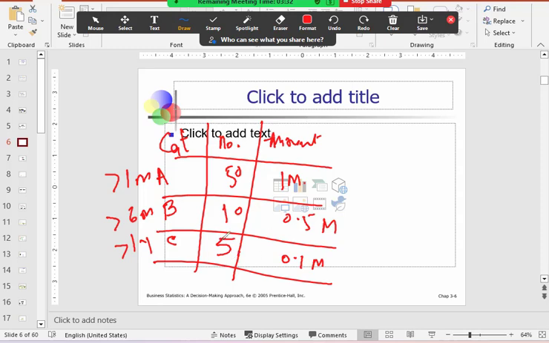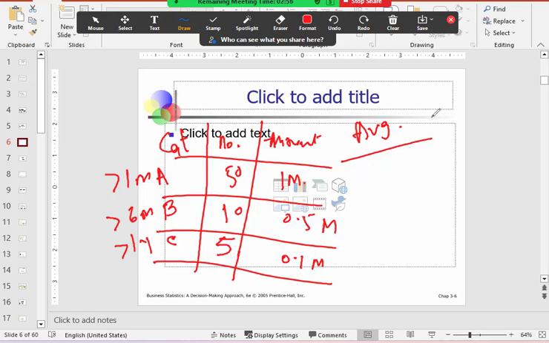So there are three types of loans given, and this is the data that you already have. Now you want to calculate the average value of bad debt. So you have about 65 customers, and the first 50 were given 1 million loan, the next 10 were given 0.5 million loan, and 5 were given 0.1 million loan or credit, and they are in bad debt. Now you want to calculate what is the average amount.